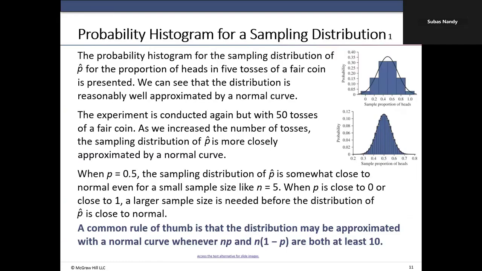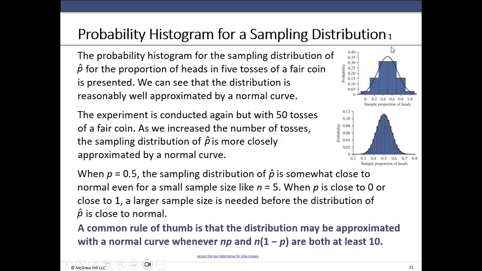Moving on, the probability histogram for a sampling distribution of p hat for the proportion of heads in 5 tosses of a fair coin is presented. We can see that the distribution is reasonably well approximated by a normal curve. This is the sample proportion of heads on the horizontal axis and relative frequency, or probability, on the vertical axis. As I explained, we have divided the sample proportions into 6 groups of equal width.